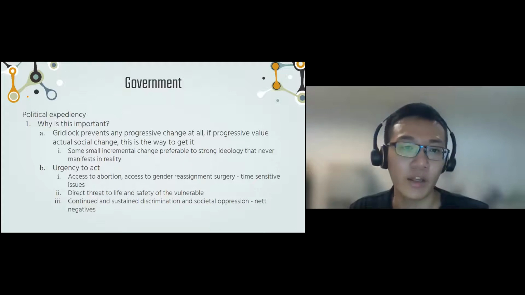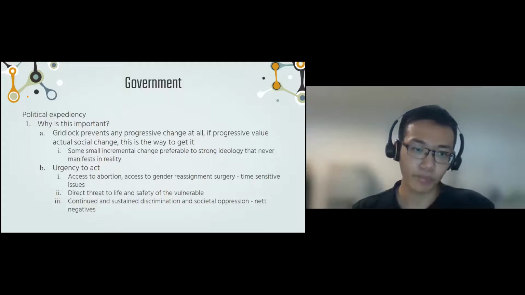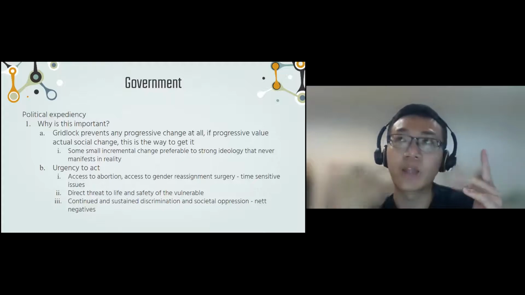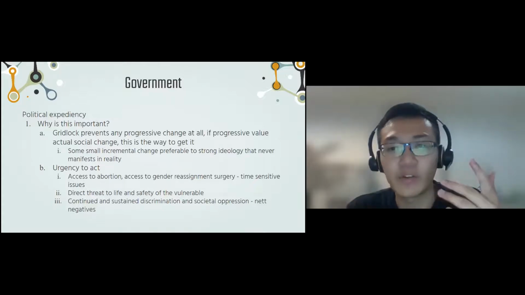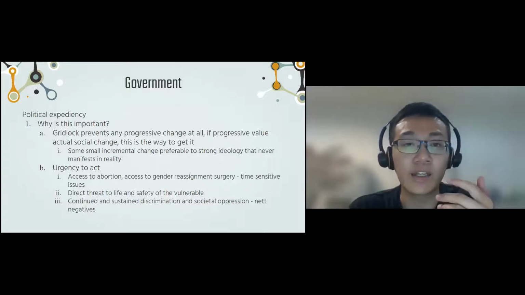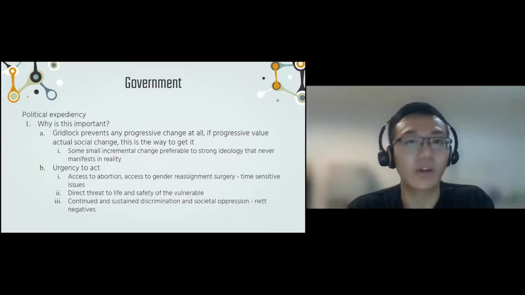So what you can say then in terms of the comparative is that you have some small incremental change to the mode of government, and that's preferable to being morally consistent or having very strong ideology in the world of opposition, if that ideology never manifests into any outcomes or any legislation in society.